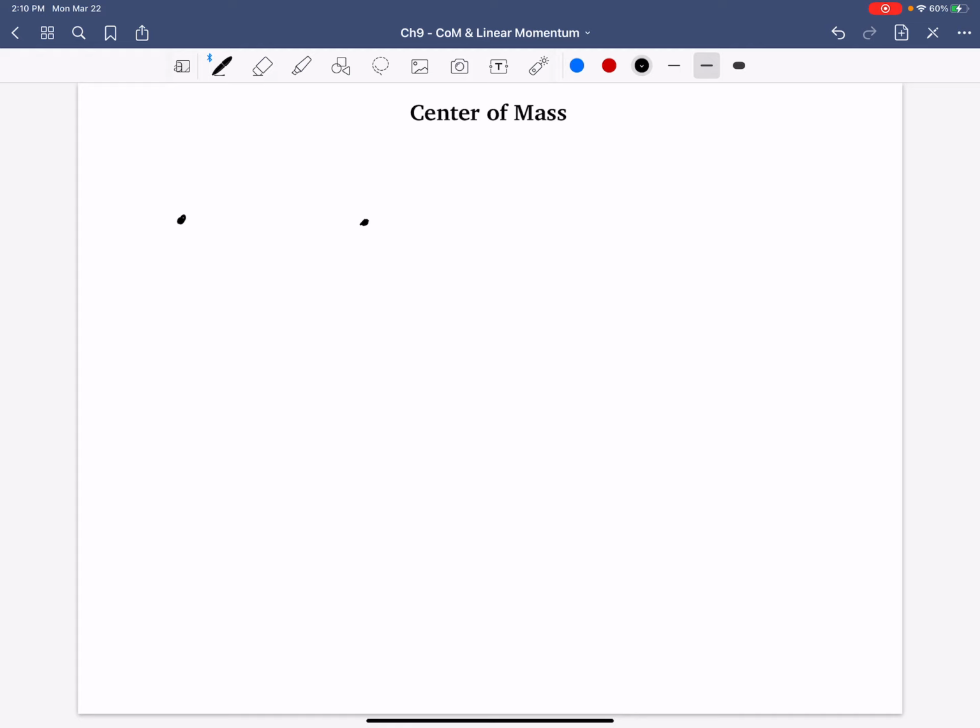Now, the question we want to ask ourselves when finding the center of mass is, not only where the center is, but what are we trying to find? At the basic level, we're really finding an average: the average position of an object's or a system's center of mass.